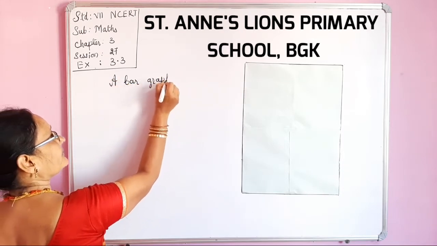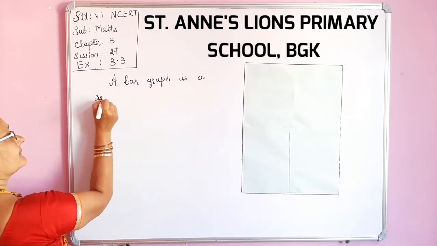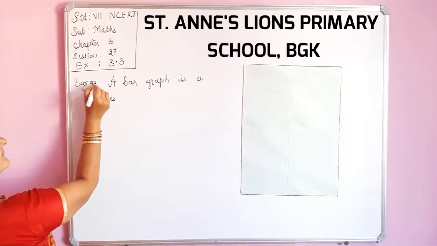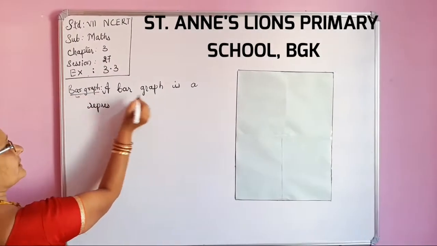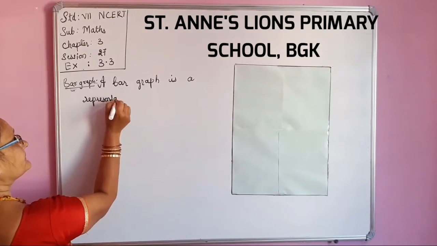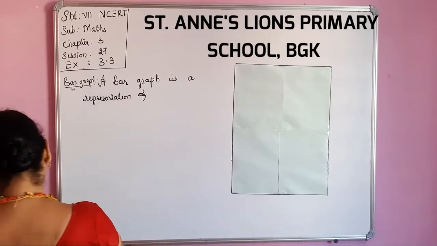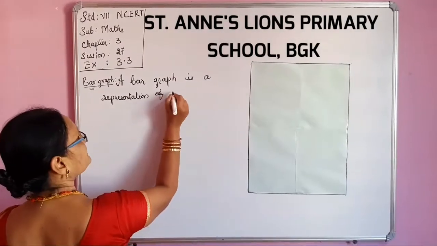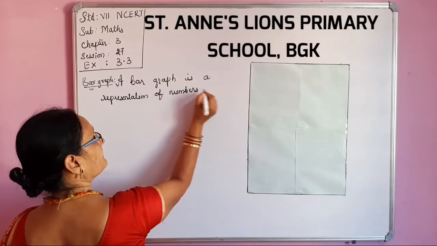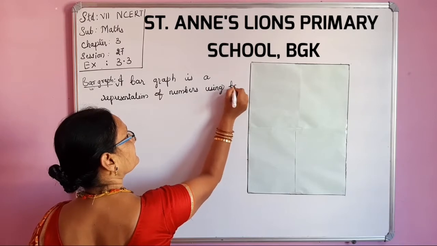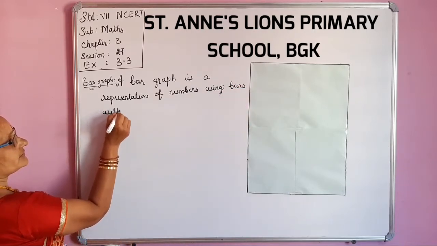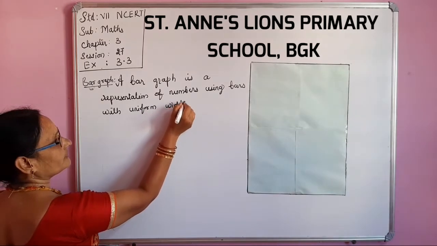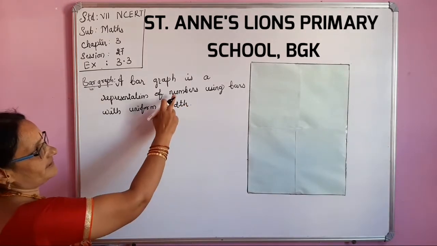A bar graph is a representation of numbers using bars with uniform width. Okay, now we are representing the numbers.